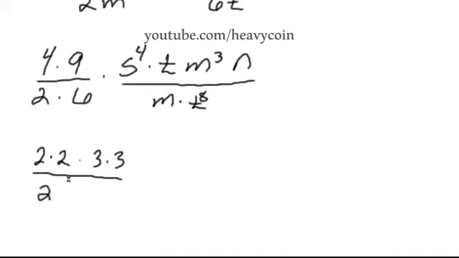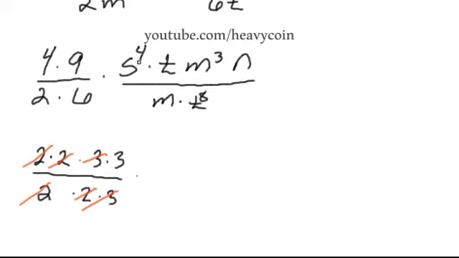We're going to rewrite that 2 there, and this 6 can be broken up as 2 times 3. So these have been factored into a product of primes. Now I can cancel some things out. It's a whole lot easier seeing this, right? So these 2's cancel out. We have a 2 in the top, 2 in the bottom. 2 over 2 is 1, right? And we can cancel out these 3's, so we're just left with the 3 now.